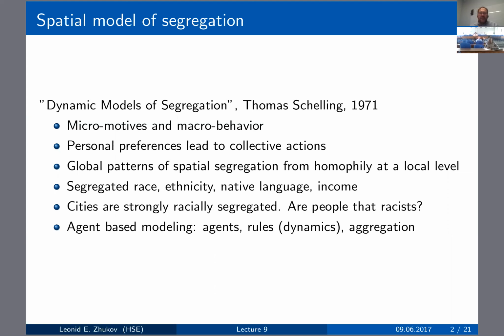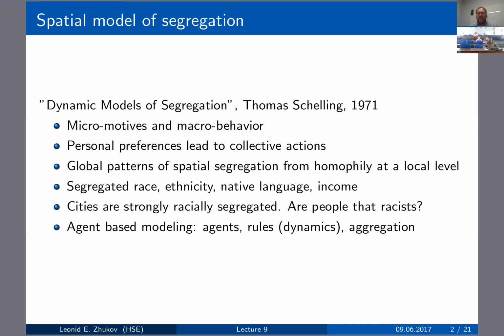And the question that Thomas Schelling wanted to ask is, are the people racist to the extent that we are actually segregating? What he found out is that though the majority of people have a pretty high level of tolerance, in the sense that they are willing to live with different people surrounding them, and this is a micro preference, on a macroscopic scale it still leads to segregation, which is actually a very surprising result.